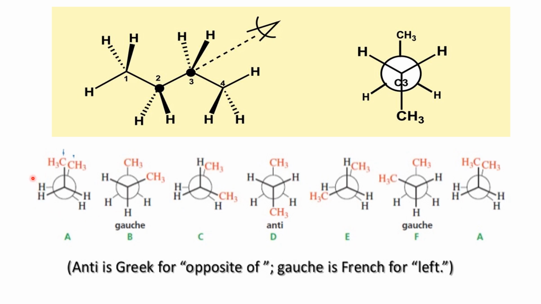See here, in the first structure, CH3 and CH3, H and H, H and H are eclipsing. But here, see in the third representation, CH3 and H are eclipsing. Again, it moves to another conformation where the CH3 groups are in opposite directions, exactly opposite directions.